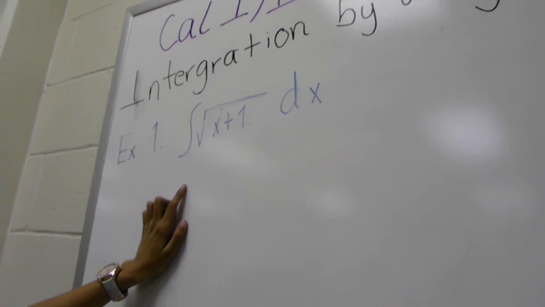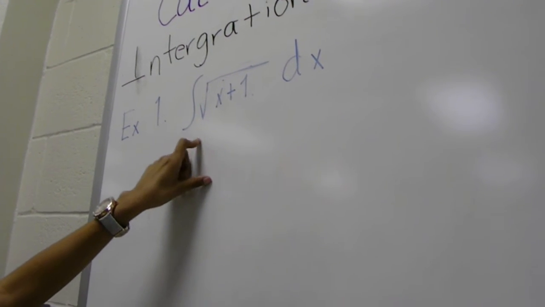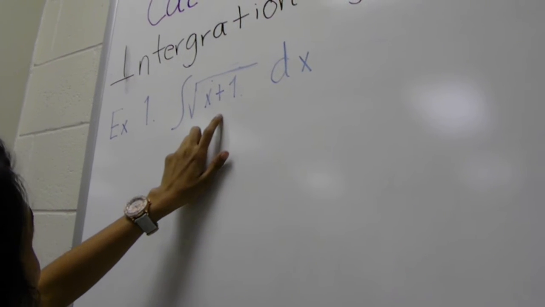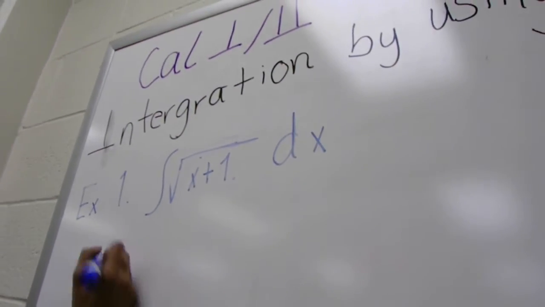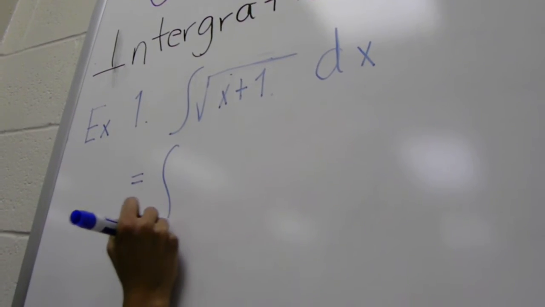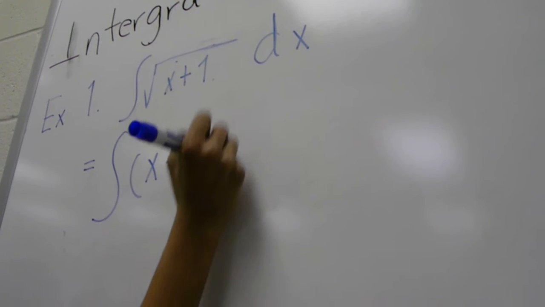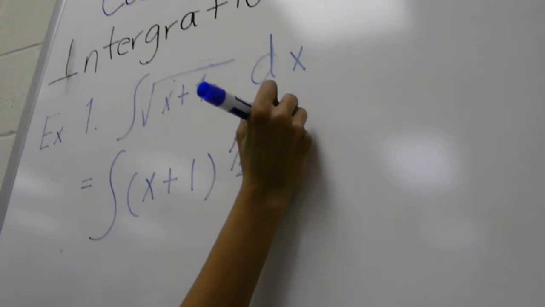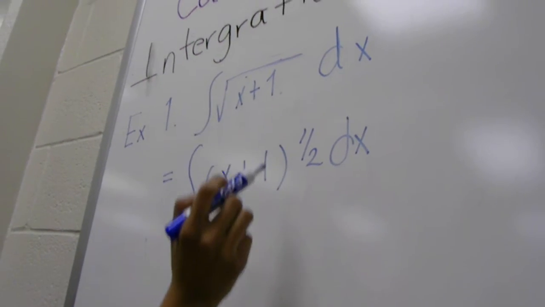So basically when we see this, we get freaked out because of the square root, but don't freak out. We're just going to rewrite it as the integral of (x plus 1) to the 1/2 dx. It's the same thing. The square root is the power of one half.